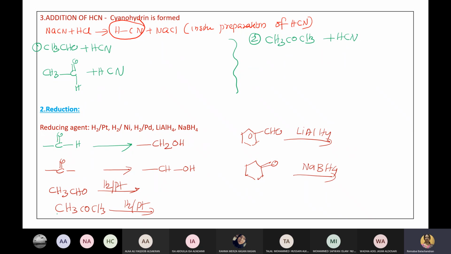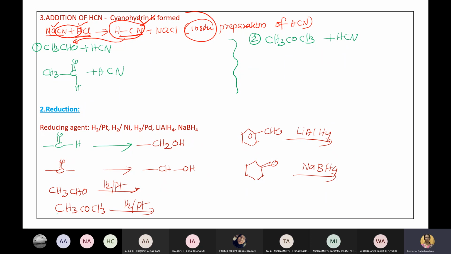Instead of adding HCN, we will add NaCN and HCl. When you add these two, they react and you get HCN. The moment HCN is formed, it will react with the aldehyde or ketone. This is called in situ preparation, meaning on the spot in the reaction mixture.